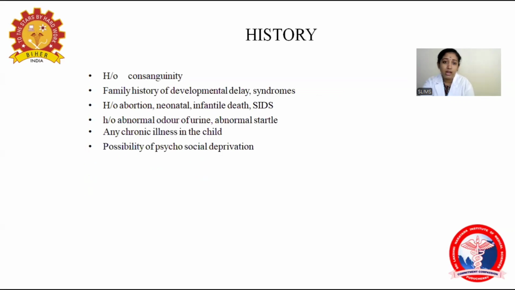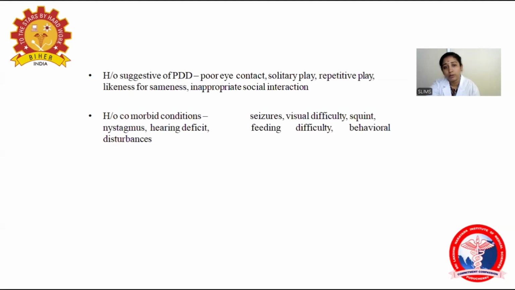In the family history, ask for consanguineous or non-consanguineous marriage, any previous siblings affected with developmental delay, history of abortions, and sudden infant death syndrome. On examination, ask for any abnormal color or odor of the urine, any chronic illnesses in the child, and psychosocial deprivation.